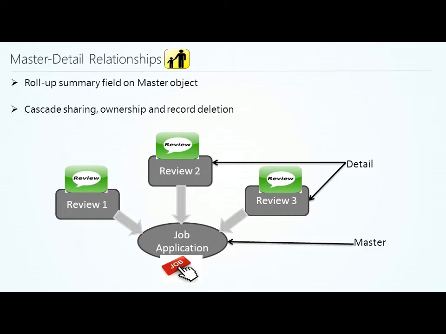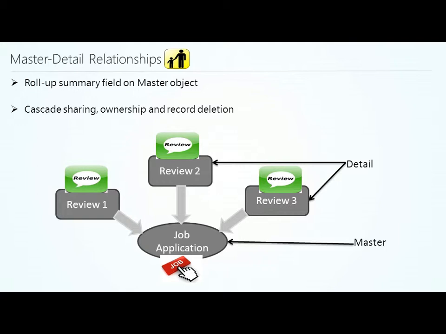So what is a roll-up summary? Why do we need a roll-up summary? Consider a candidate who has applied for a particular position in an organization. The candidate should go through different interview phases, so each interviewer will report their own review for that particular candidate.